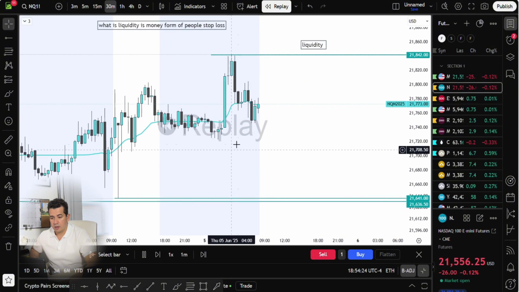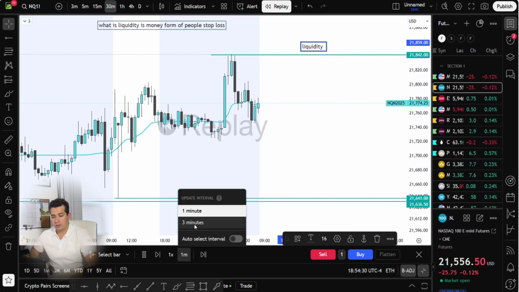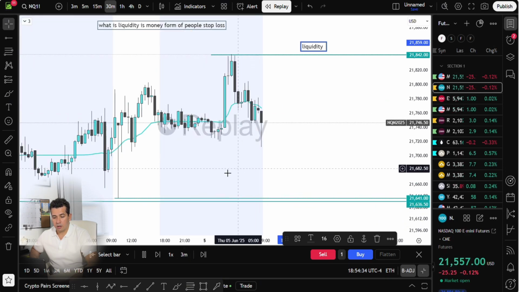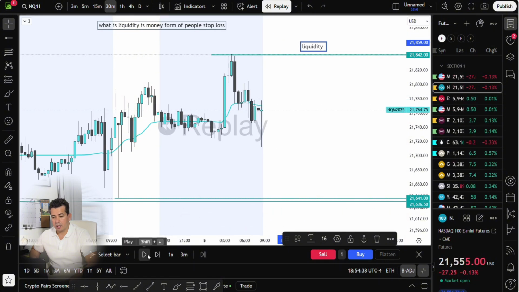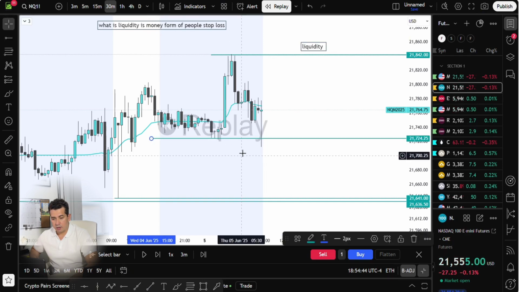See how price is playing those areas. Let's speed up a little bit. Okay, let's pause here. I didn't mark this area here, but as you can see, price came down, dropped all the way down, and then took a sweep.